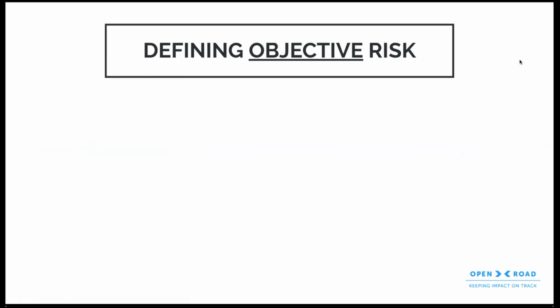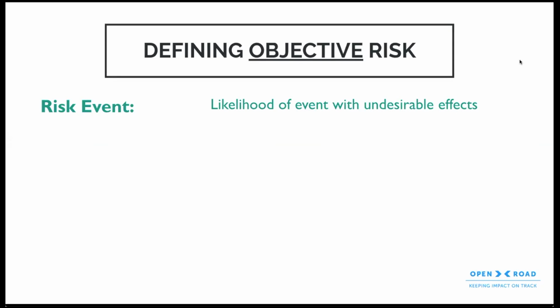On the objective side, here are two terms to drill down to help bring more precision to our language. This is getting closer to the difference between outcome and impact on the risk lens. A risk event is that event, right? What is that thing that went wrong? Did aliens invade? Was there embezzlement? Did a truck break down? Was there a flood? Whatever it could be, that is your risk event.